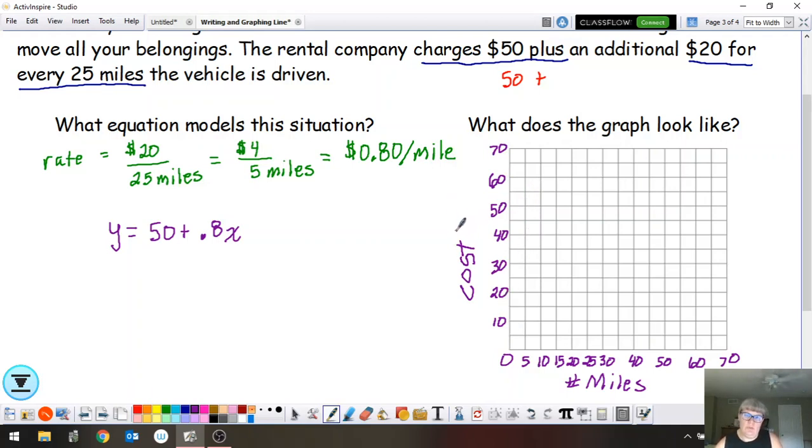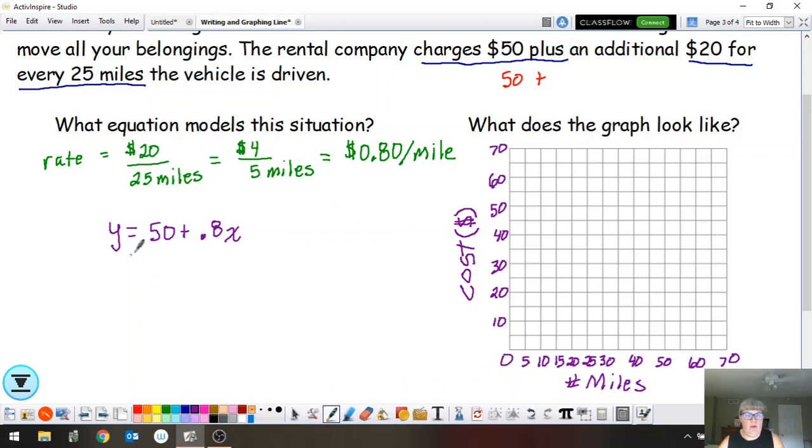And I'm going to put in parentheses that cost is in dollars. And the reason I chose to go with the same scale is because I'm going to use this for fifths to help me with my graphing.